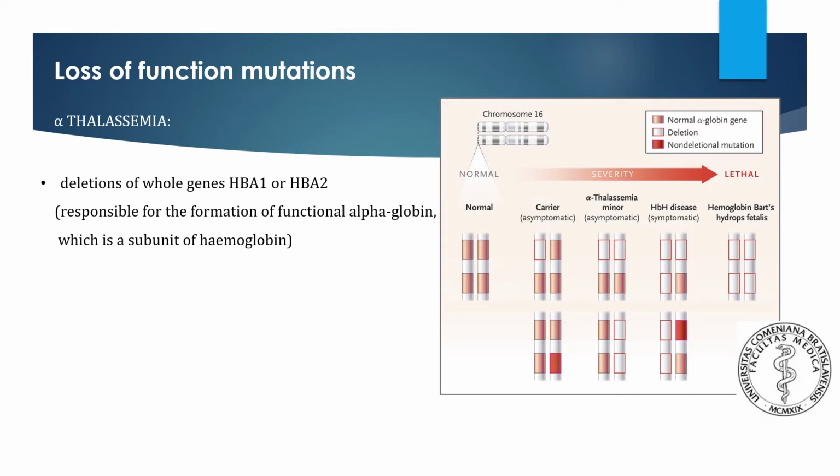As we see on the left, a normal phenotype and genotype, and then a carrier, alpha thalassemia minor, which is basically also asymptomatic, and then with 2 and more mutations, we have a fully developed alpha thalassemia, and with all 4 copies of the HbA gene missing, we have a lethal disease.